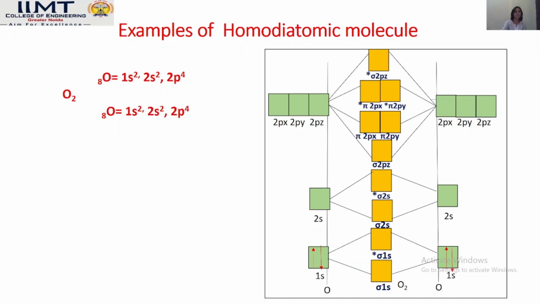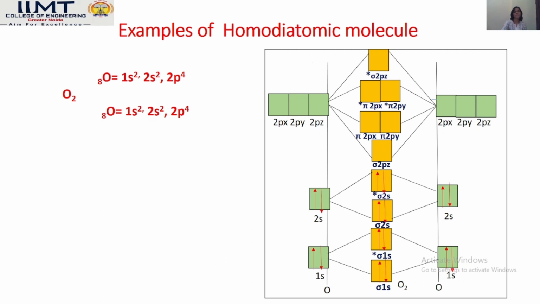Now electrons are filled in sigma 1s, and now sigma star 1s, which is higher in energy. In the same manner, electrons are filled in 2s, now sigma 2s, sigma star 2s.